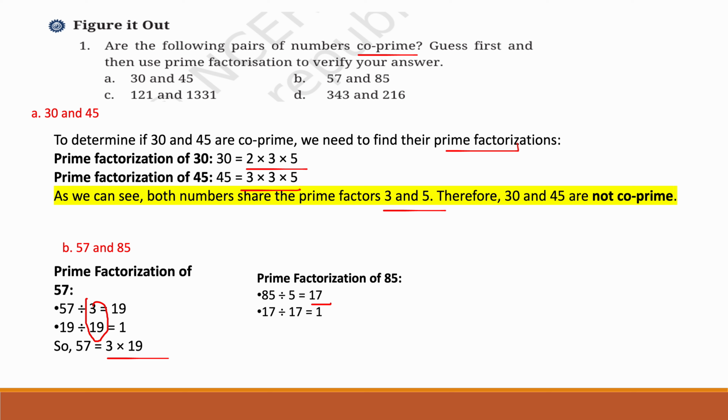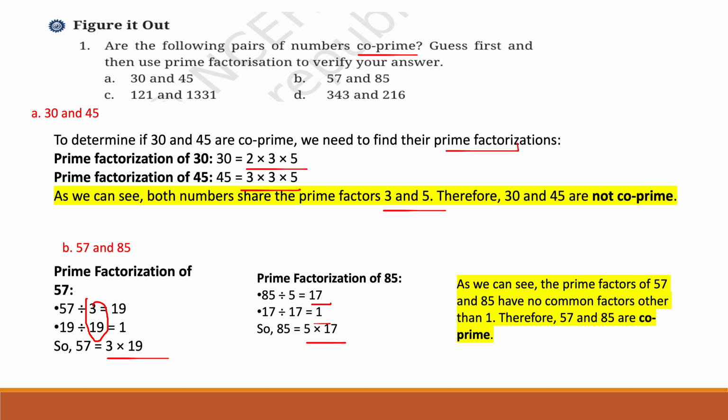Then 17 divided by 17 is equal to 1. So 85 is equal to 5 into 17. As we can see, the prime factors of 57 and 85 have no common factors other than 1. Therefore, 57 and 85 are co-prime.